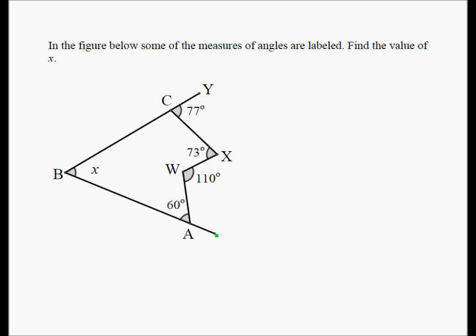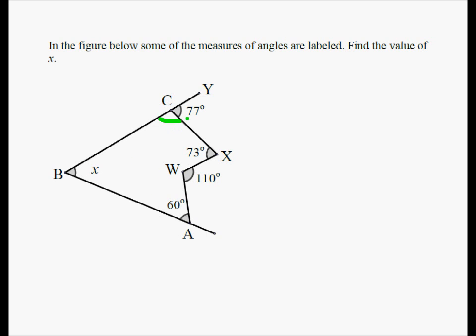Now, note A, B, C, X, W is a pentagon. It has 5 sides: 1, 2, 3, 4, 5. Okay, so we know most of the angles of the pentagon. We can find this angle.